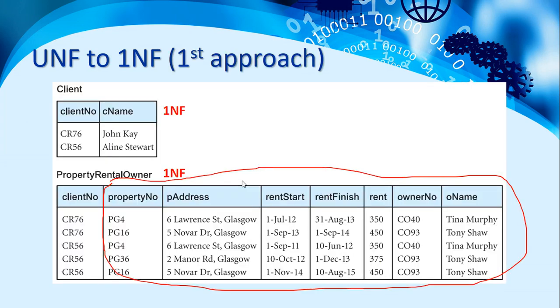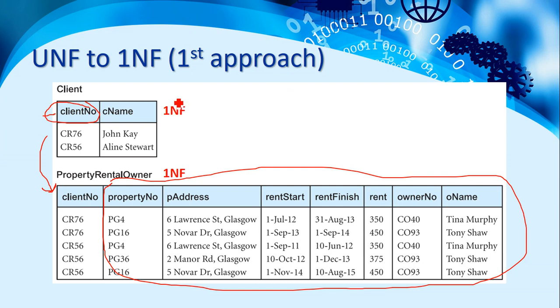Since this is our primary key, we also include it here. So this is the repeating group that was removed from here and transferred to another table, and then we copy the primary key here as well. This is the first approach.